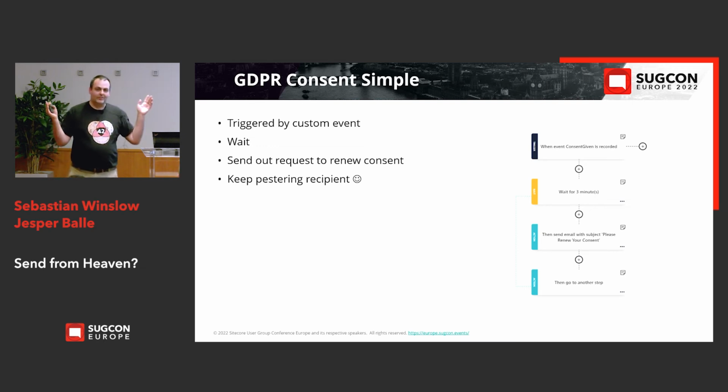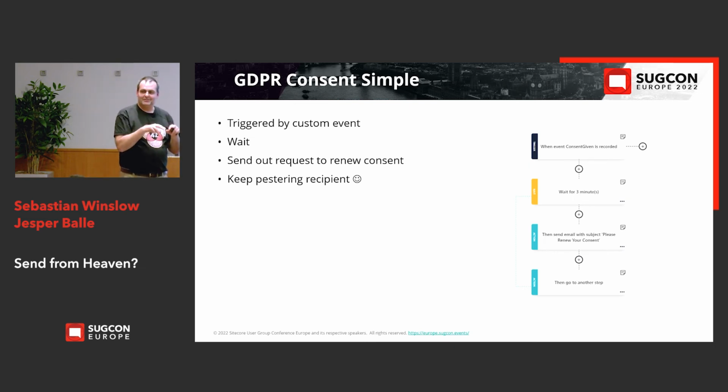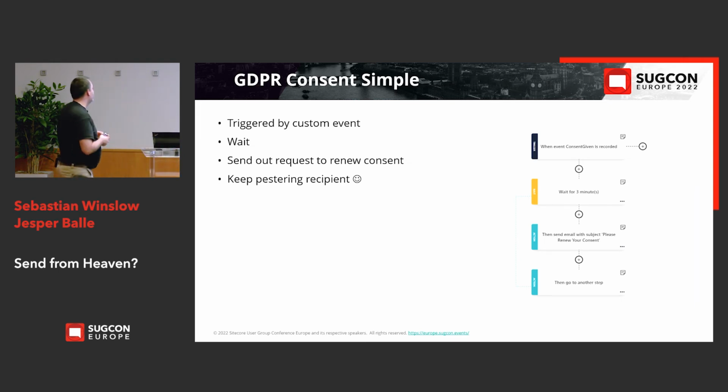GDPR or consent, acceptance of privacy terms or default trade agreements or whatever, that's easy. Start with when event consent given. Consent given, that's a custom event. In this solution, you can add custom events by just adding a QS parameter specifying custom event equals, and then whatever name you want to have, and then it's imported into Moosend.